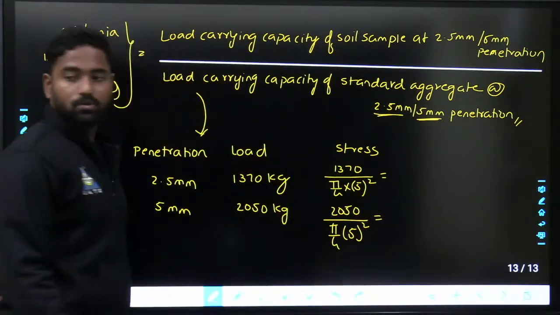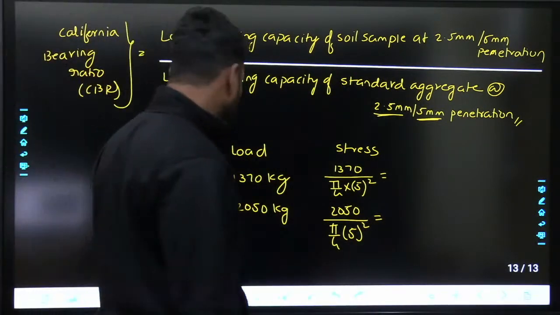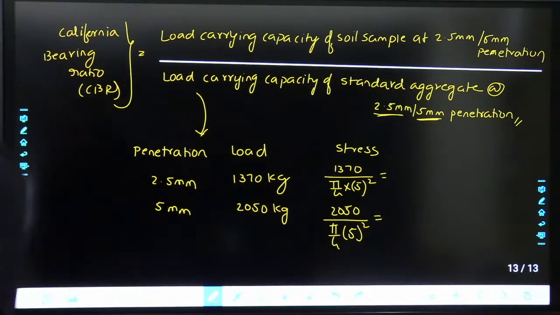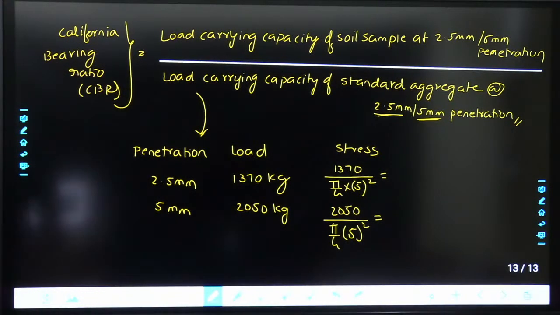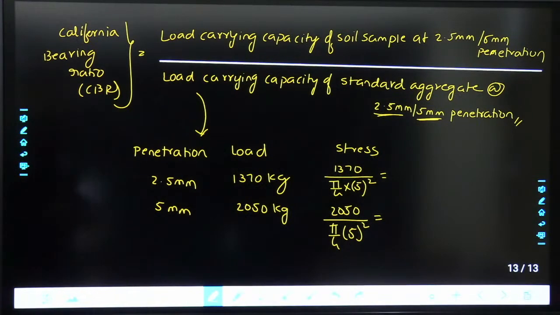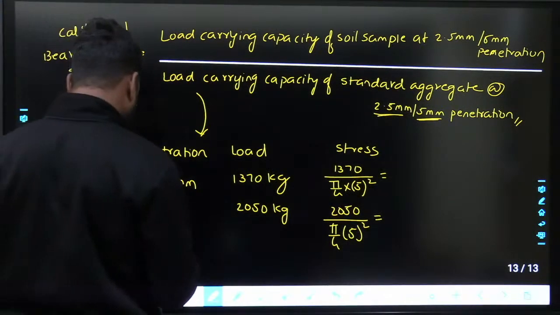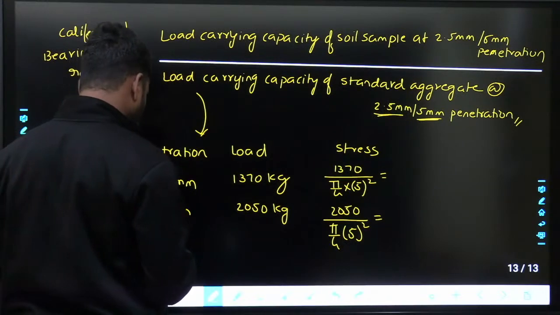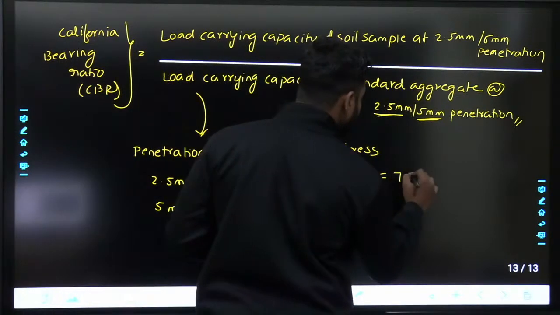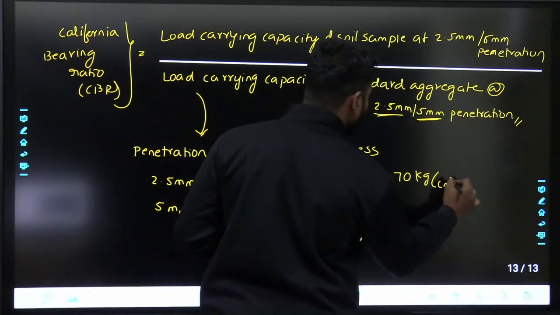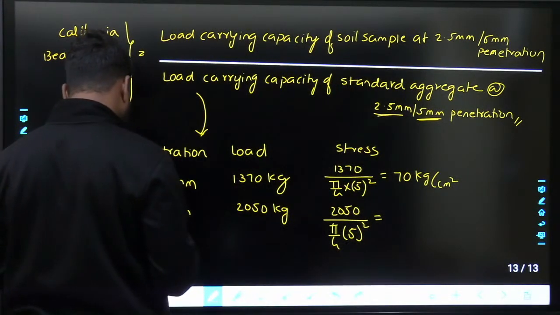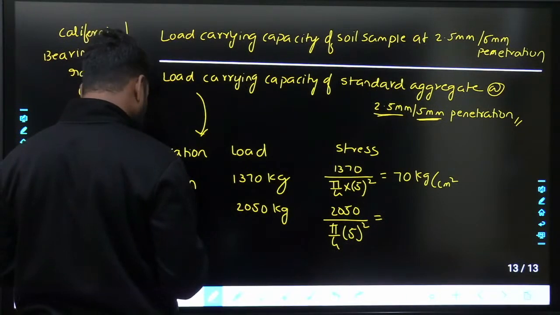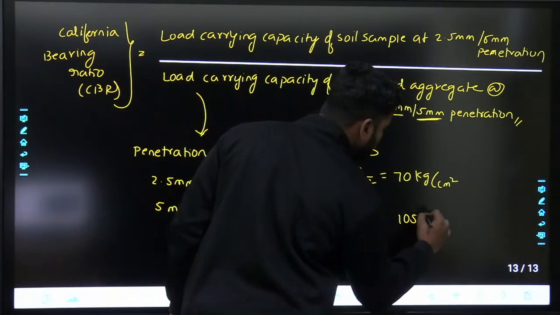So the values would be somewhere around, this will be approximately 70 kgs per centimeter square, and this one would be 105 kgs per centimeter square.